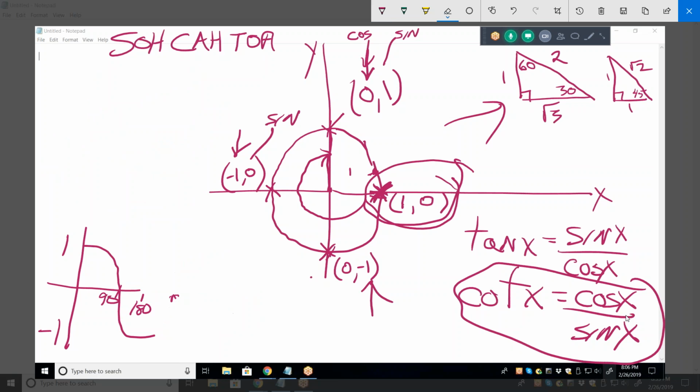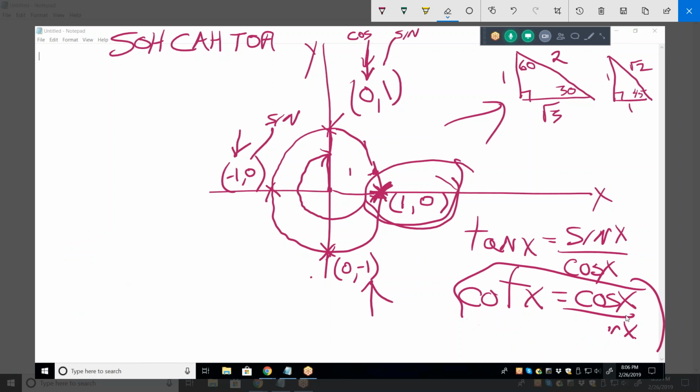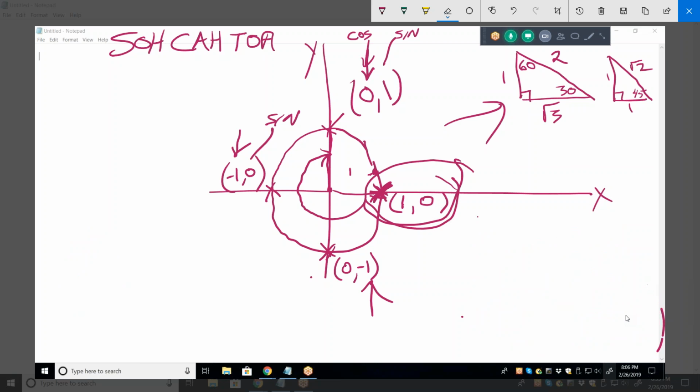When I say they're going to expect you to know the unit circle, what I mean is the following. They're going to give you a big old circle, and they're going to divide it up. They want to know that point.